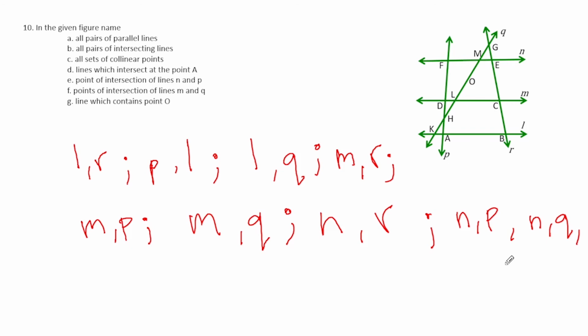We have already written L, M, and N. So it's P and R. No, P and Q. Then we have R and Q. These are all the pairs of intersecting lines, and you can see what a long list this is.